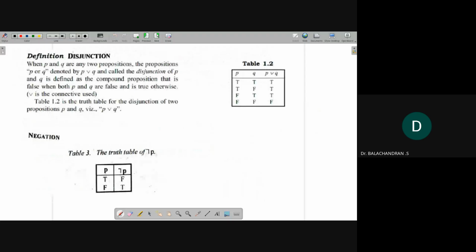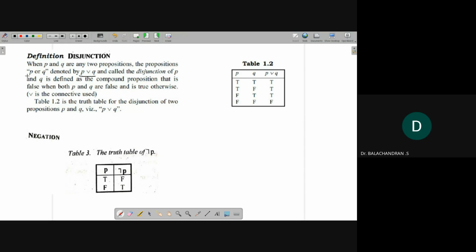Next I'll go to disjunction. In disjunction, if both of them are false, it is false. In all the remaining cases, it is true. When P and Q are any two propositions, the proposition P or Q, denoted by P ∨ Q, that one is cap, this one is cup.